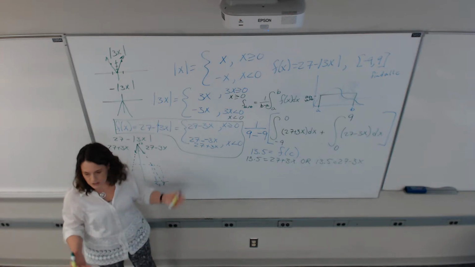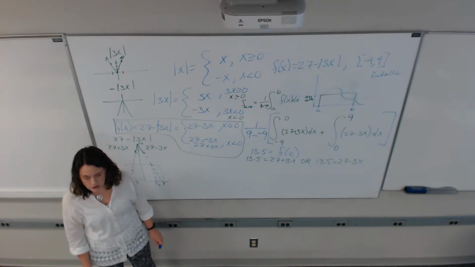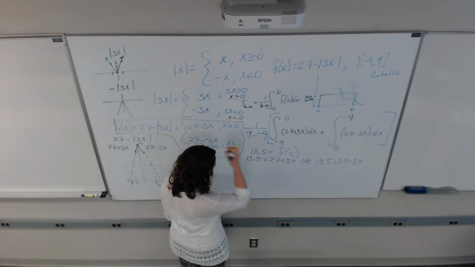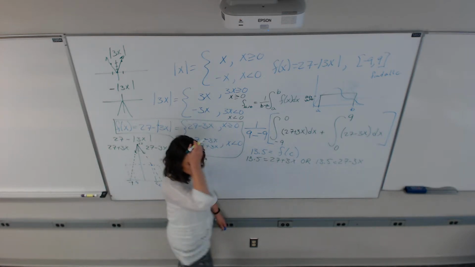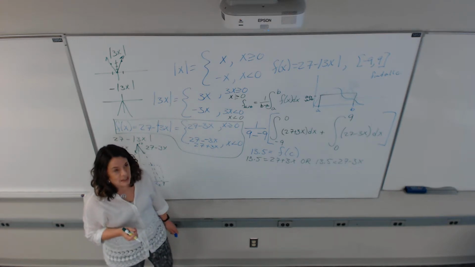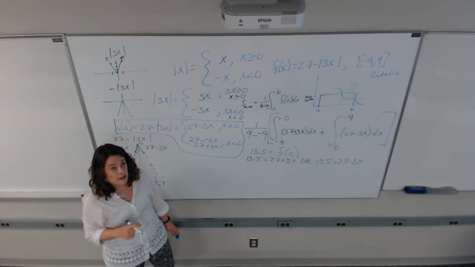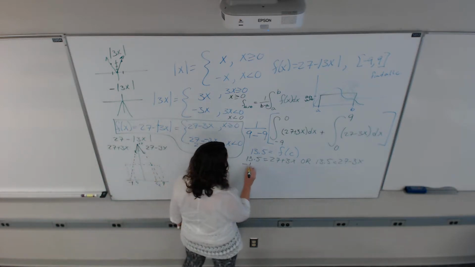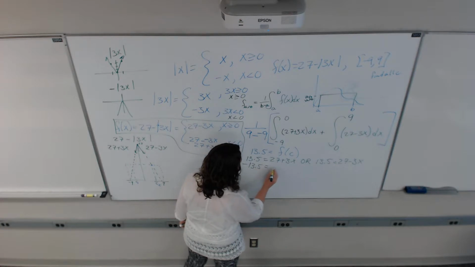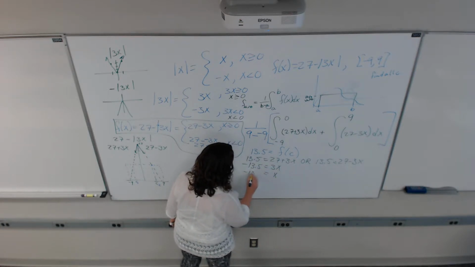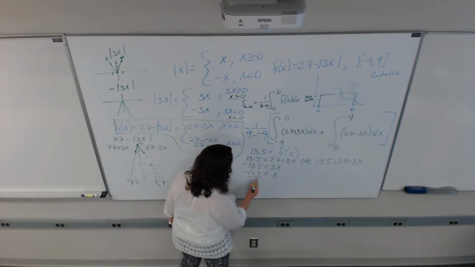And then it's just straight algebra, right? I mean, that's not anything terribly difficult. If I subtract it, let's see, what do I get? It is Monday. What's 13.5 minus 27? Is it 27 minus 13.5? 13.5? Okay, good. Whew. Minus 13.5 equals 3x, so this x is negative 13.5 divided by 3.